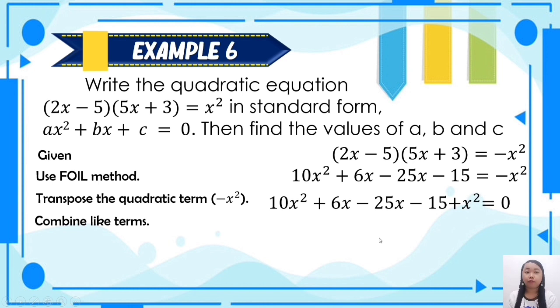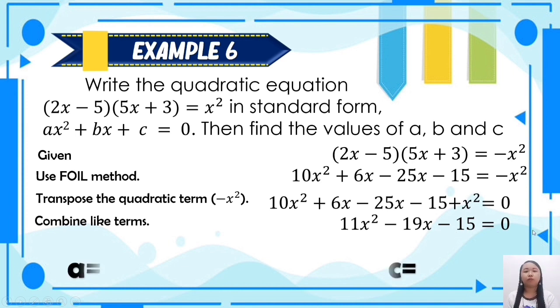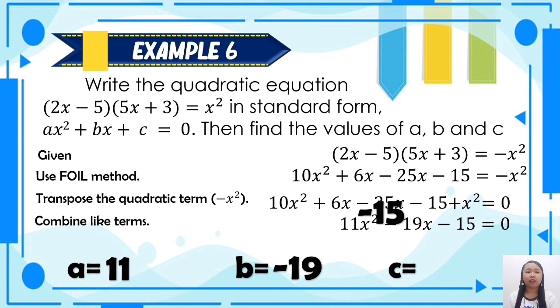We also have 6x minus 25x. So the result will be 11x squared minus 19x minus 15 equals 0. And the values of A, B, and C are: A is 11, B is negative 19, and C is negative 15.